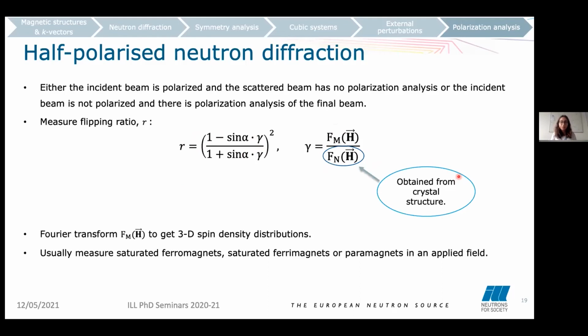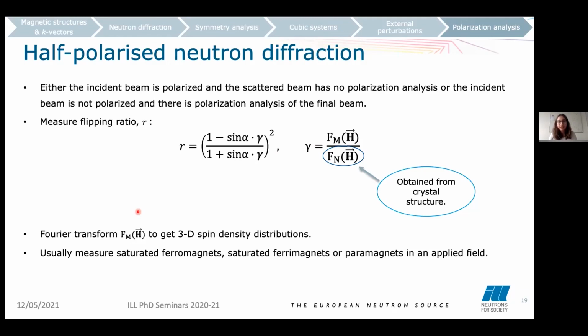By Fourier transforming, we can easily figure out the structure factor of the magnetic component, and a Fourier transform of that gives three-dimensional spin density distributions. Usually what is measured using half polarized neutron diffraction are saturated ferromagnets, or if you put a paramagnet in an applied field, then you can induce some kind of long-range magnetic order that could be interesting to look at.